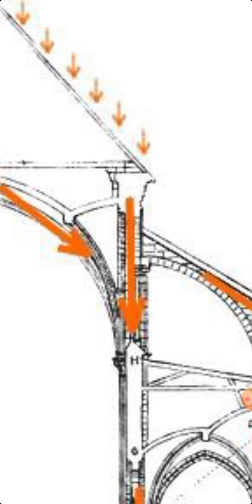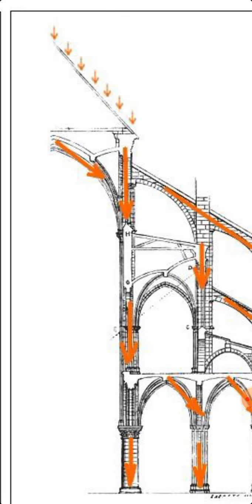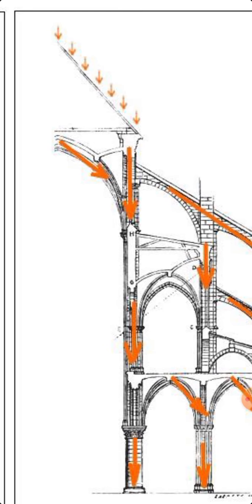From the roof, the load, the force, is directly transferred into a column. In this architecture, there is a column giving direct support to the truss.